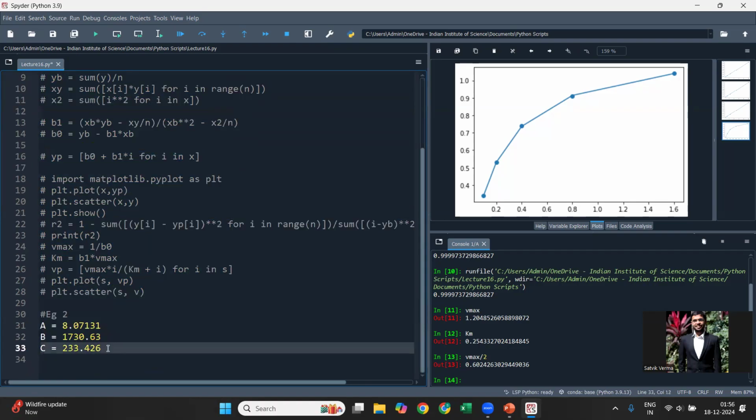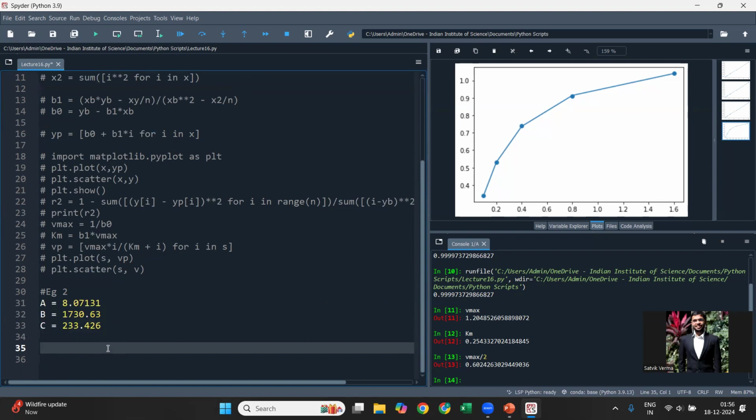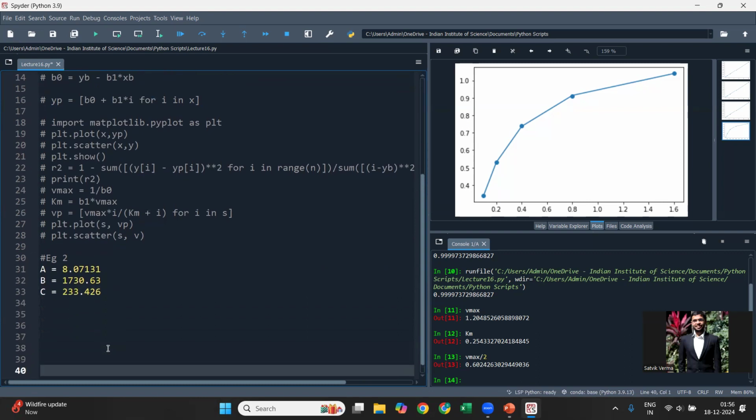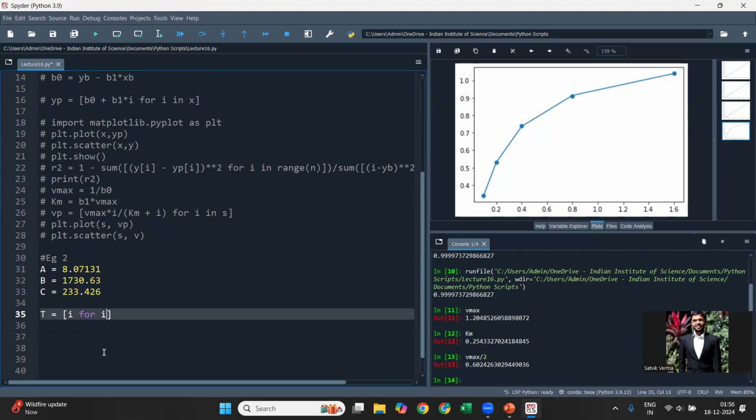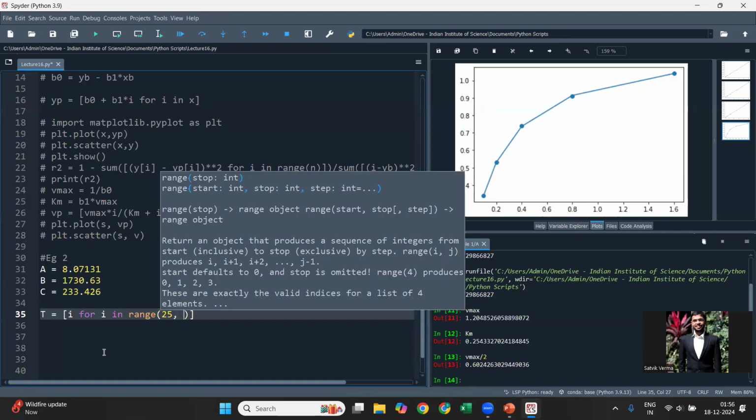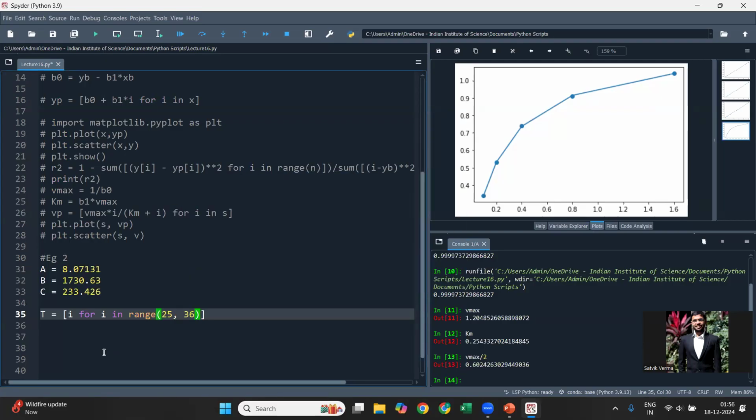And then let's make a list of all the temperatures that we have, right? So we'll use list comprehensions here. We'll start with T equals i for i in range, starting from 25, and it should stop at 35, so the last value is 36, right? So this gives me a temperature array, right?